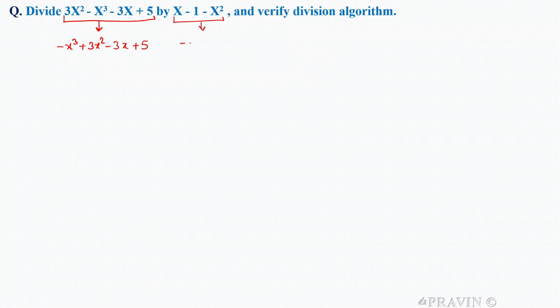You will get minus x square plus x minus 1. Now first you need to divide this polynomial by this one. Let's divide minus x square plus x minus 1 into minus x cube plus 3x square minus 3x plus 5.